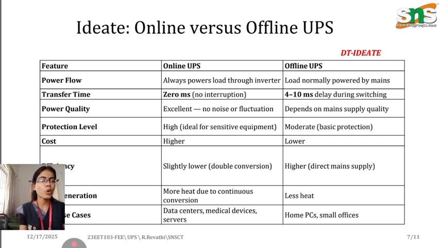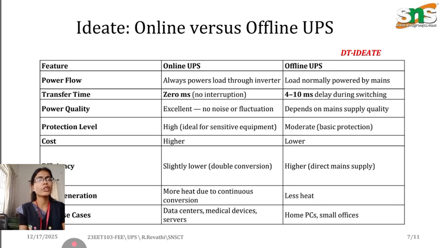Transfer time is 0 milliseconds, with no interruption, in the online UPS. But in offline UPS, there is a delay time of 4 to 10 milliseconds. Power always flows through the inverter in online UPS, whereas in offline UPS the load is normally powered by mains. We use online UPS in data centers, medical devices and servers, whereas offline UPS is used in homes, PCs, small offices, etc.